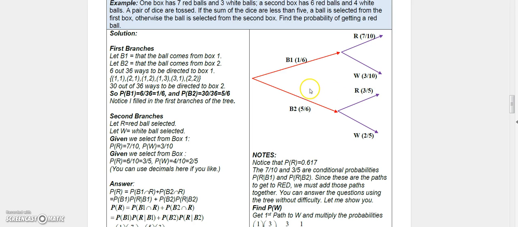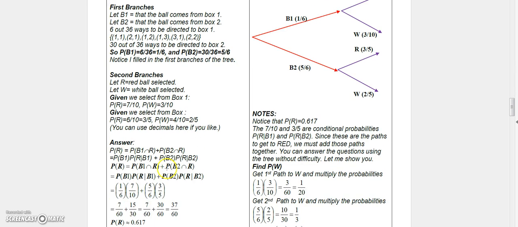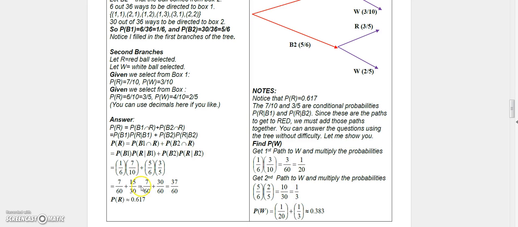We multiply the probability of box 1 times the probability of red, so that's 1/6 times 7/10, and then we multiply the probability of box 2 and red, which is 5/6 times 3/5. Then we add the 2 results together, and we get 37 out of 60, which is 0.617.